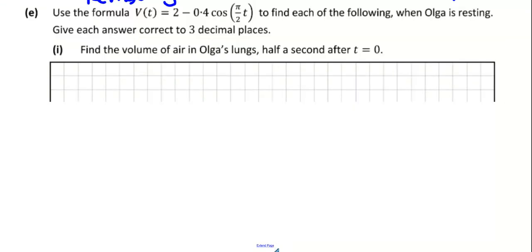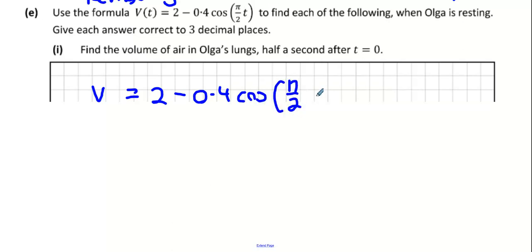Use the formula phi of t to find each of the following. When Olga is resting, give the answer correct to. All right, so here's what it wants. Find the volume of air in Olga's lungs half a second after t equals 0. What's half a second after t equals 0? 0.5. And you know what's great about our table function?